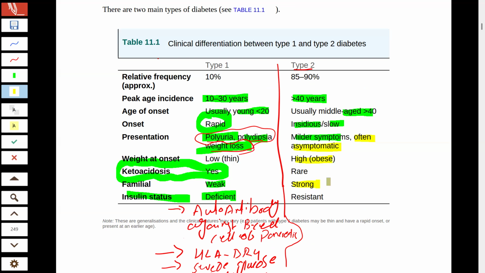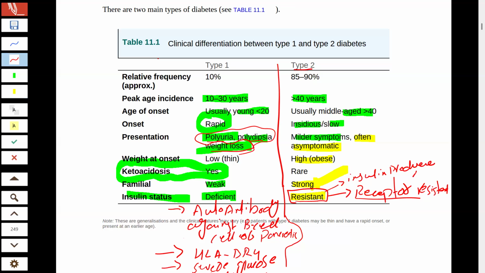And in type 2, there is a resistance developed where the insulin acts, for example, receptor resistance. In type 2, the insulin production is normal, but where it acts on the receptor, there is receptor resistance.